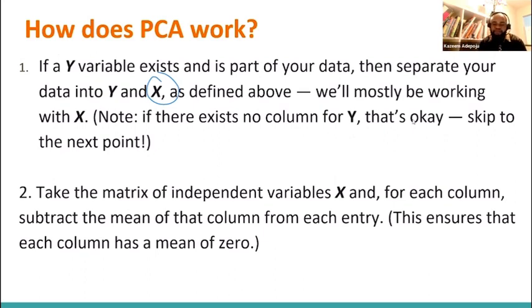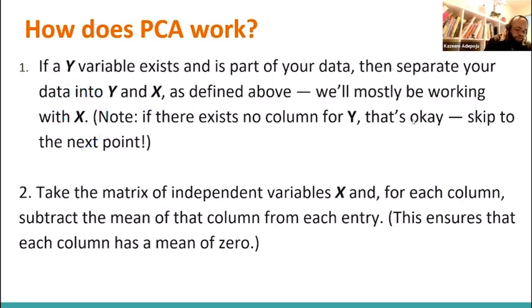So we're going to be using the principal component analysis, and we're not interested in the response. We're going to focus on the design matrix X. You know why we're focusing on X? Because of the multicollinearity that exists among the explanatory variables. That is why the focus is going to be on X.